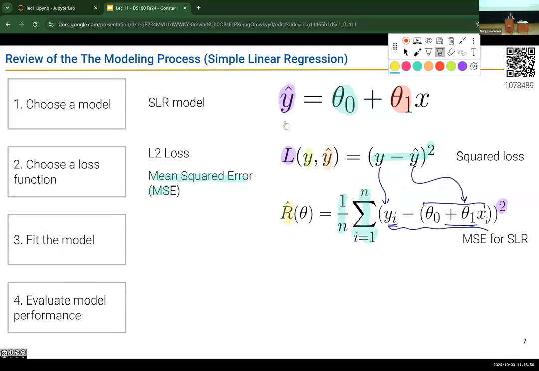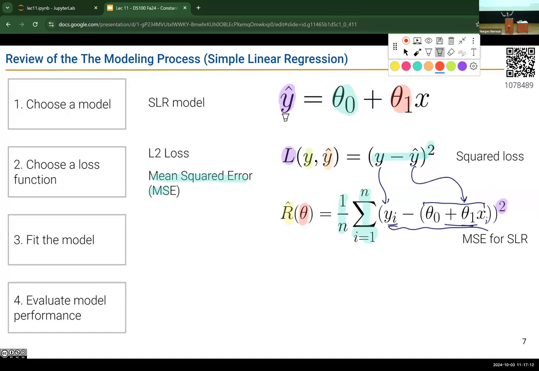And what we talked about last time was that this function is parameterized by theta. What do I mean by parameterized by theta? I mean that the SLR function that we had at the top is just the family of functions. It's just a template for all of the lines that we can have, because depending on the theta 0 and theta 1 value, I can have different lines.